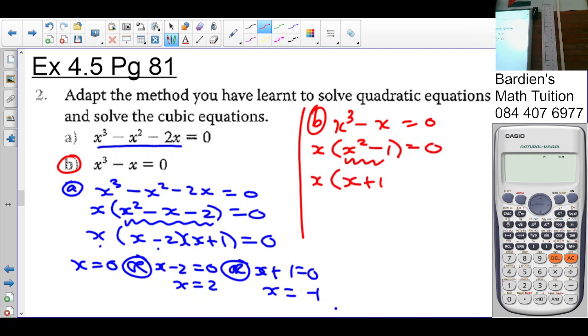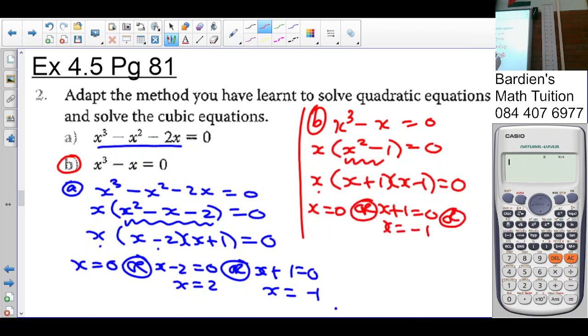Difference of squares, x plus 1, x minus 1. So we say x is equal to 0 or x plus 1 is equal to 0, so x is equal to minus 1, or x minus 1 is equal to 0, so x is equal to 1. Okay.